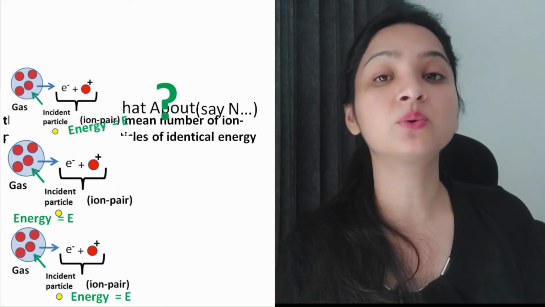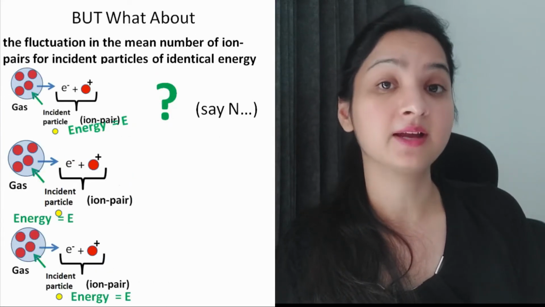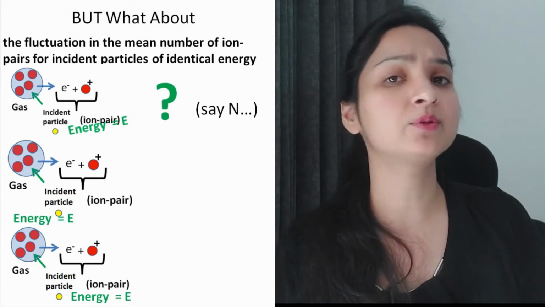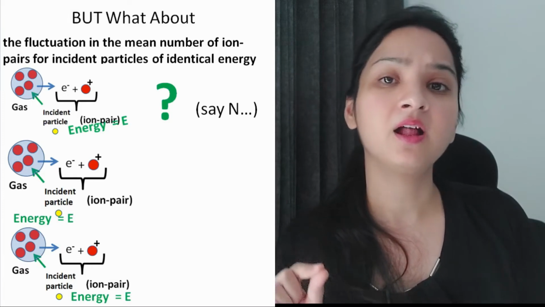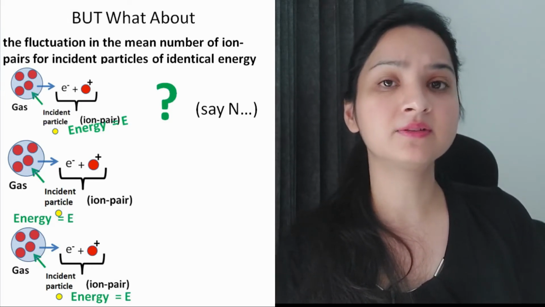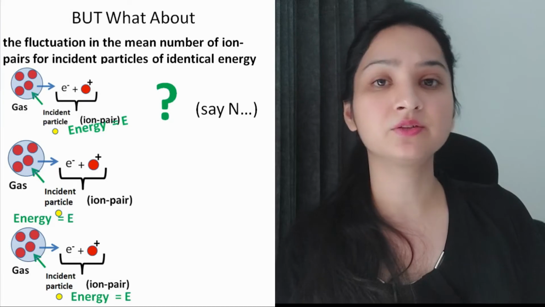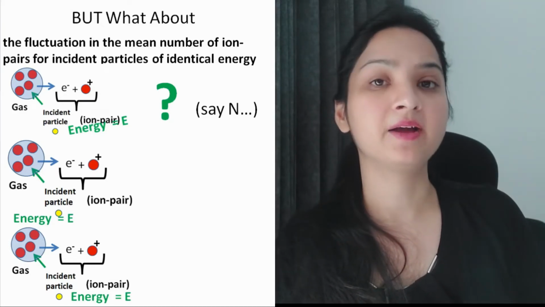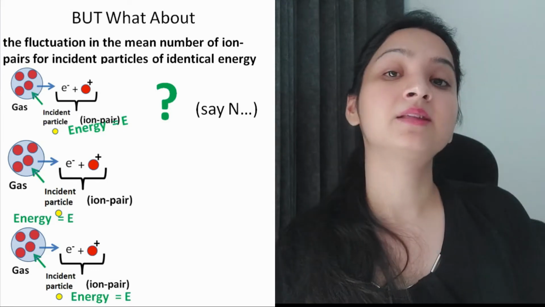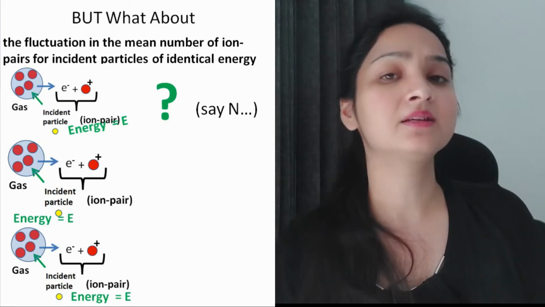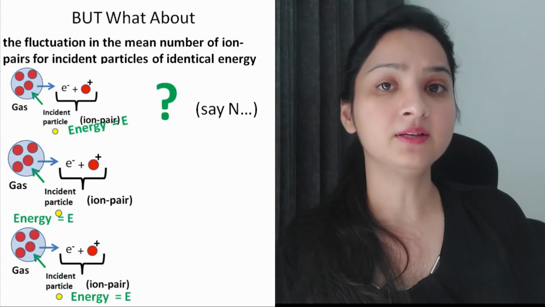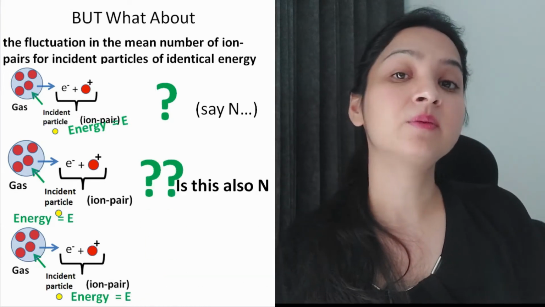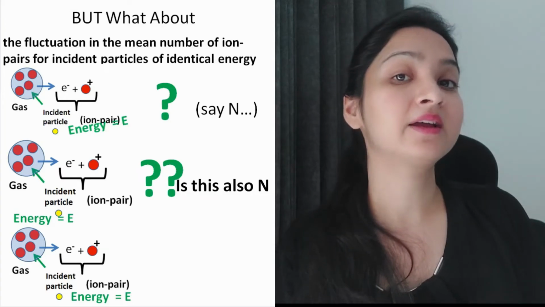What about the fluctuations in this number? That is, now for the time being I'm fixing this radiation. For example, I'm talking about the alpha particle. Alpha particle is the incident radiation in this case, and it will be having some energy, say E, and which will result in the formation of n number of ion pairs. The next alpha particle that I'm talking about, that will be incident, that is also having an energy E, and what if this n is slightly different from the n calculated in the earlier case?